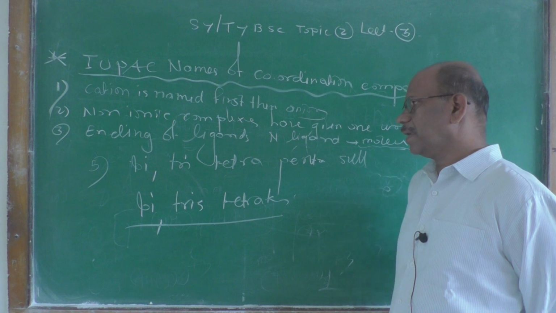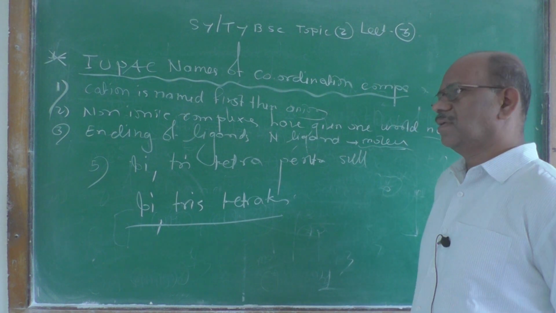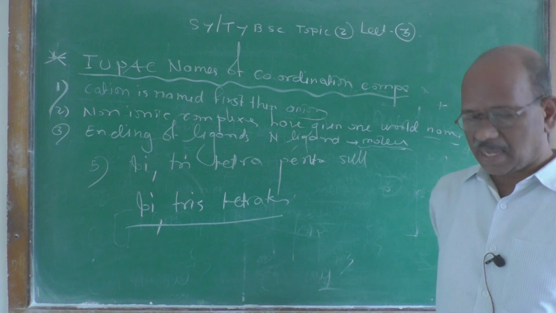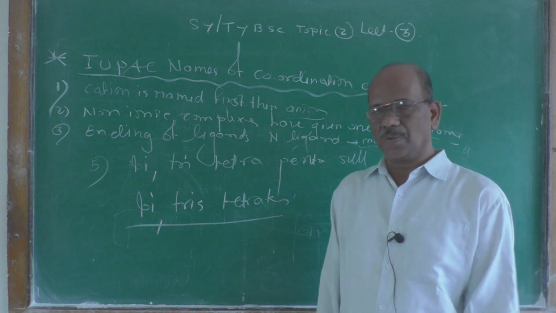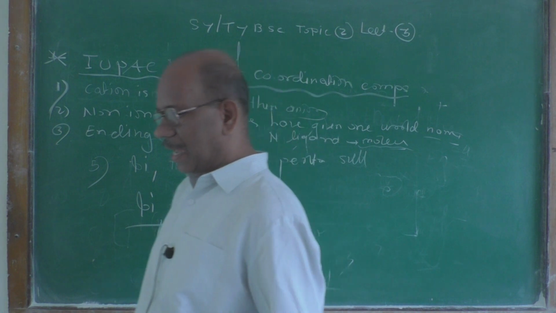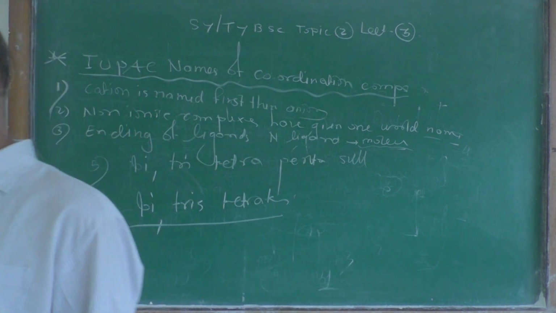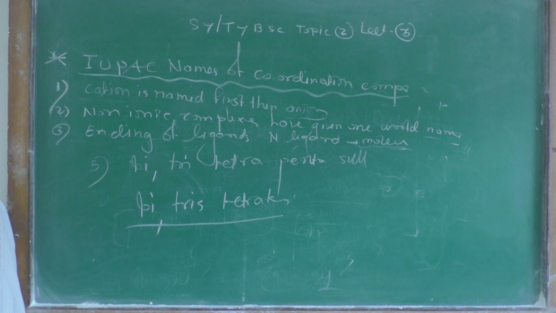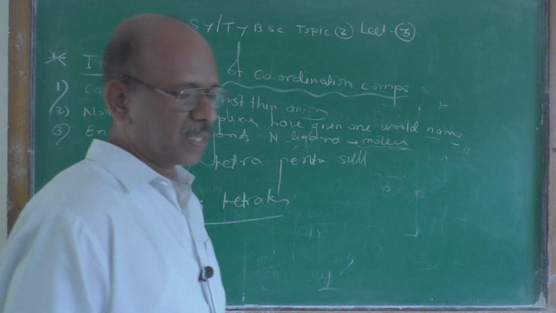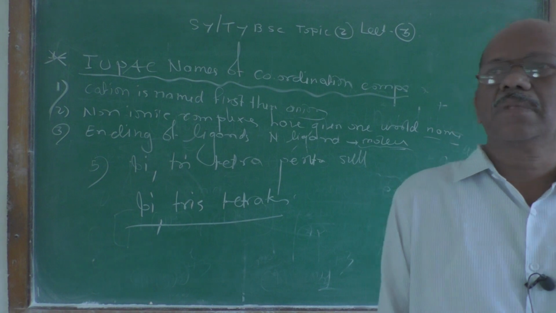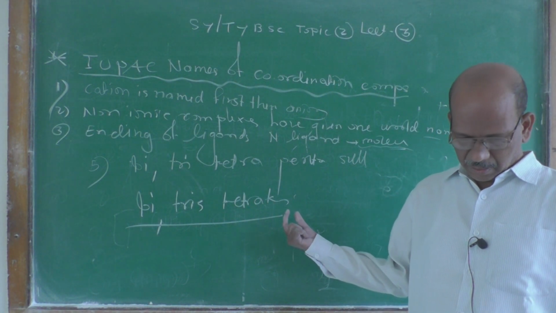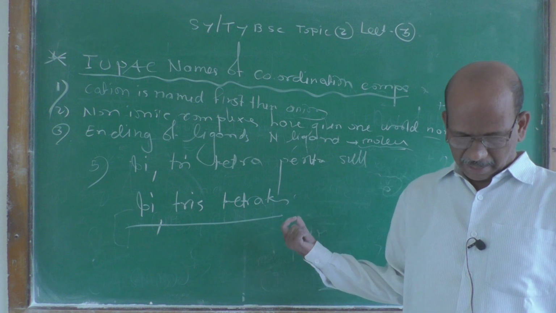Means for simple ligands di, tri, tetra prefixes are used. For complex ligands bis, tris, tetrakis prefixes are used. Means depending upon how many ligands are there, we have to give the correct name, whether those are simple or complex. So we have to use this particular concept.